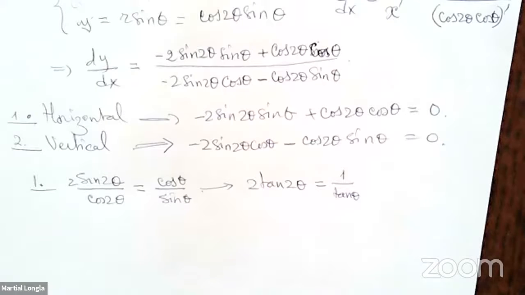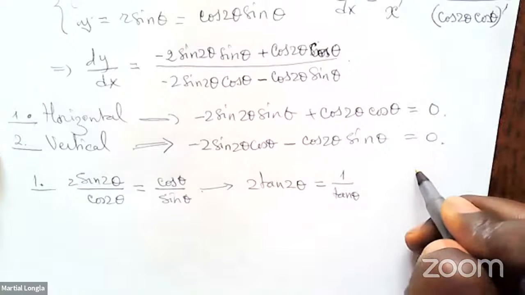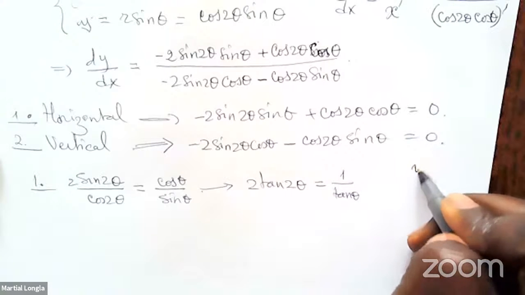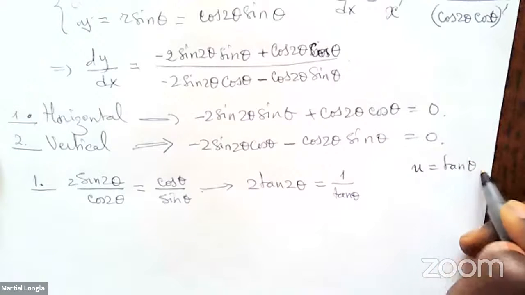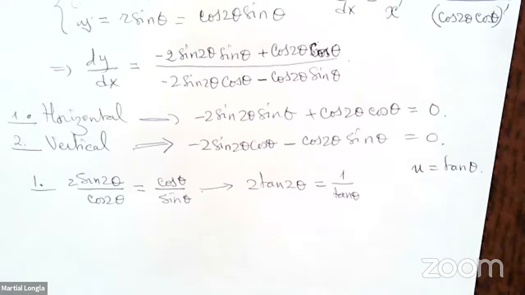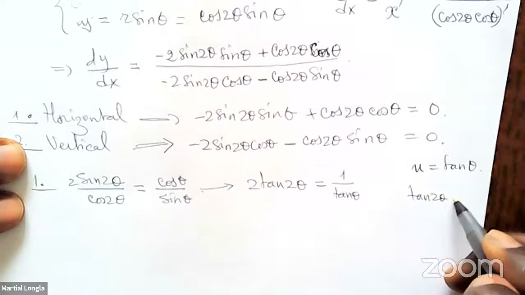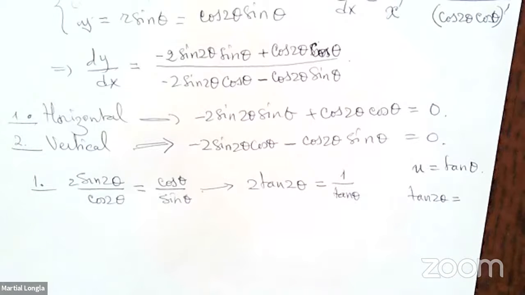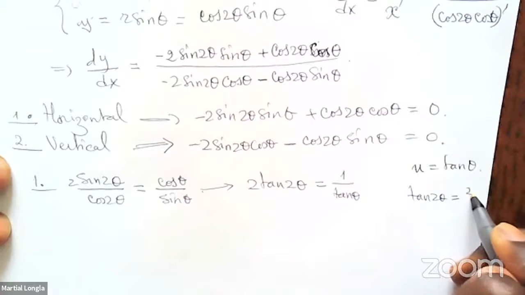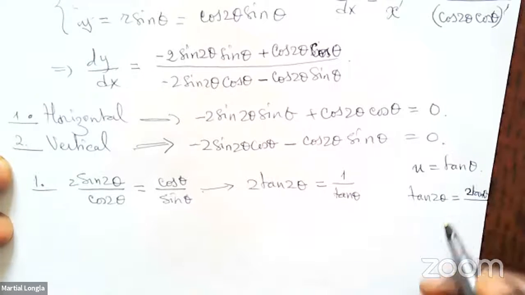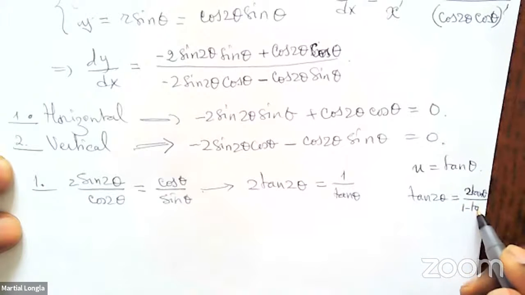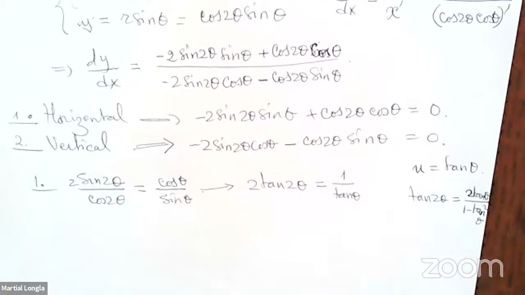Okay. And so technically I'm going to say let u equals tangent of theta, a new variable. And tangent of 2 theta is 2 tangent of theta over 1 minus tangent squared of theta, right?